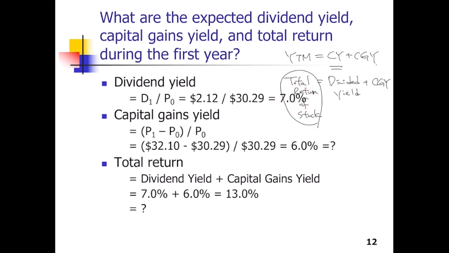So after calculating this, you get 7%. So dividend yield is 7%. And what about capital gain yield? Capital gain yield is the same. The current price is the denominator, and the change in price is the change in one year from now. How can you get this number? Yeah, we learned at the previous slide.